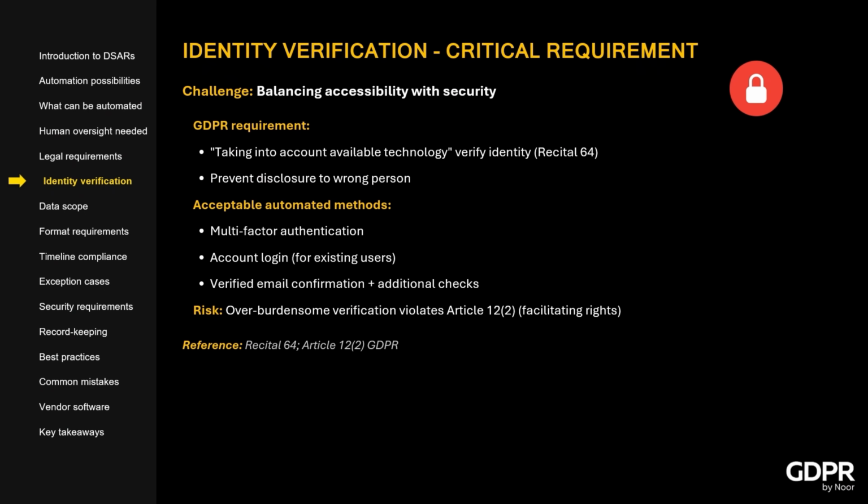The key is proportionality. Verification can't be so demanding that it becomes a barrier. If a simple password reset only requires an email address but your DSAR process demands excessive documentation, that's likely non-compliant under Article 12.2. The goal is a strong, sensible identity check, nothing that obstructs the exercise of rights.